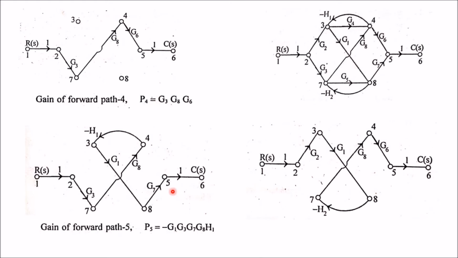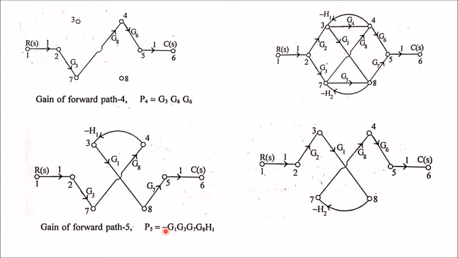This way, 1 to 2, 2 to 7, 7 to 4, 4 to 3, 3 to 8, 8 to 5 and 5 to 6. What is the transmittance? The transmittance is P5.